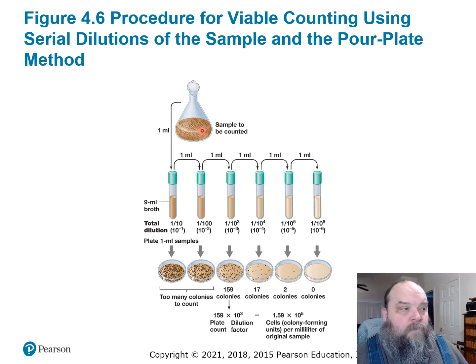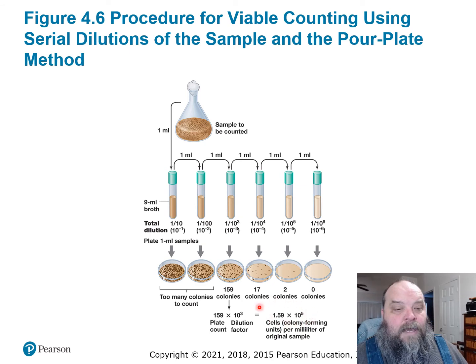Or, microbiologist-wise, we like to number things logarithmically using scientific notation. It just makes things a lot easier for us. 159,000 becomes 1.59 times 10 to the 5th. That I can work with.